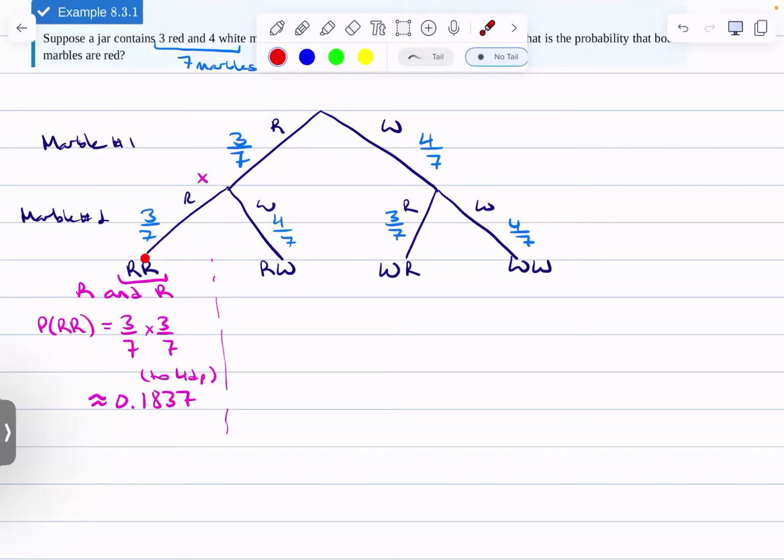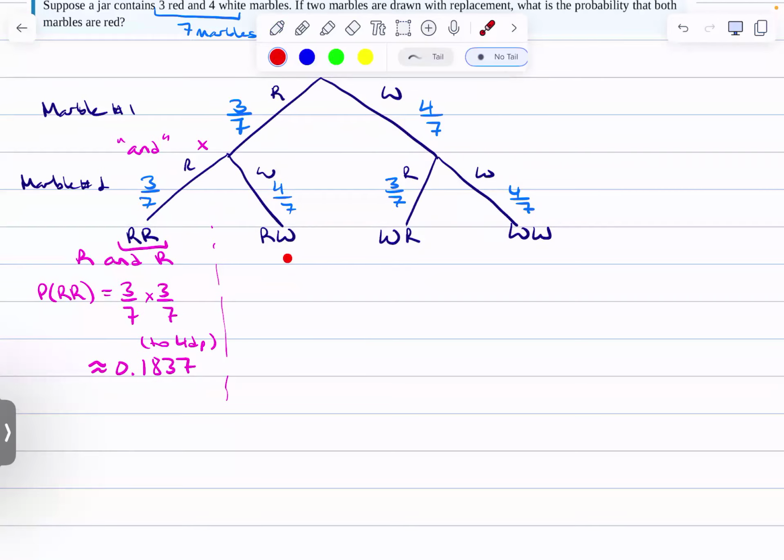To get to the bottom of this branch, I had to go through 3/7 and 3/7. And so this is your 'and' here. So at the end of each branch, if you multiply down each of the branches, you'll have the 'and' probabilities, the total probability of ending up at that branch.